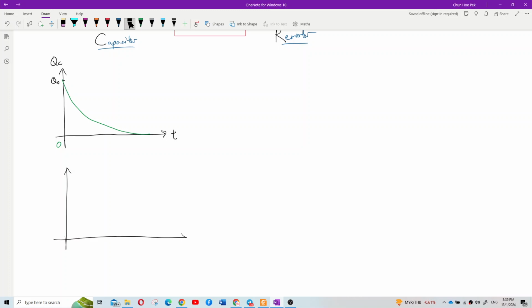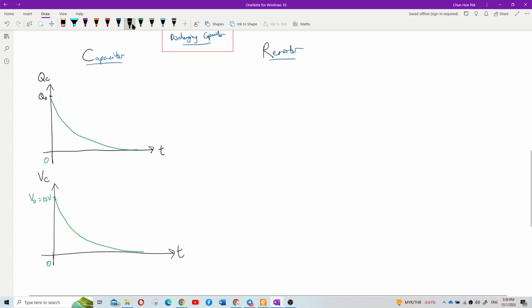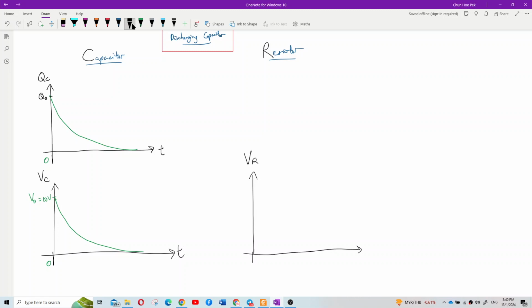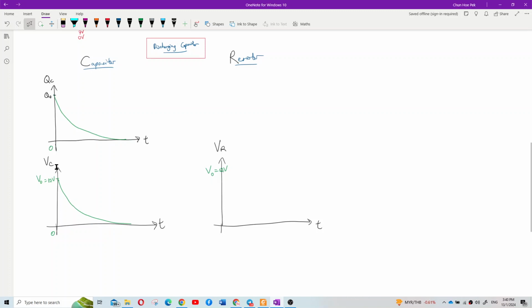Okay, I am almost finishing. So the voltage of the capacitor also decreases, class. From V0, which is 10 volts, it decreases to zero as well. Now, how about the resistor? Yes, the resistor is the same. The resistor voltage also starts with V0, 10 volts, right? Why is VR the same as VC? Because it is parallel. In parallel the voltage is the same. It follows the capacitor voltage.